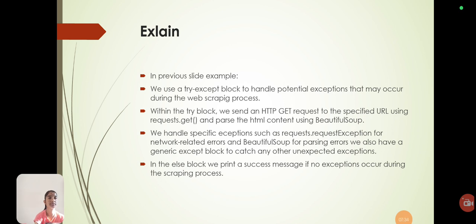We handle specific exceptions such as RequestException for network related errors, and BeautifulSoup parsing errors. We can have a generic except block to catch any other unexpected exceptions. In the else block, we print a success message if no exception occurs during the scraping process.